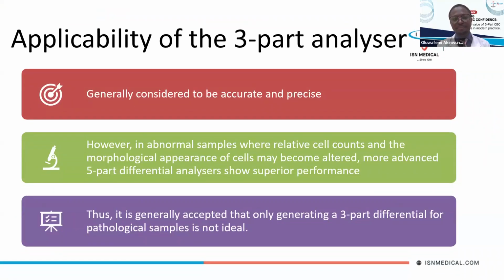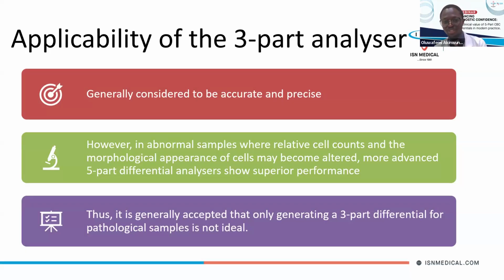Now, the practical applicability of the three-part analyzer: it is generally considered to be accurate and precise. We will see this when we look at real-world analysis of abnormal fluid counts especially. So it is accurate and precise.